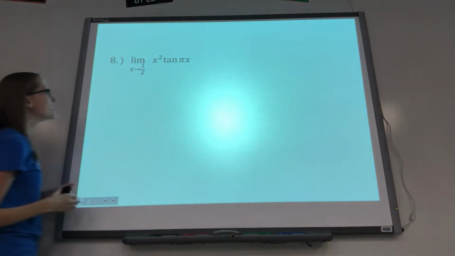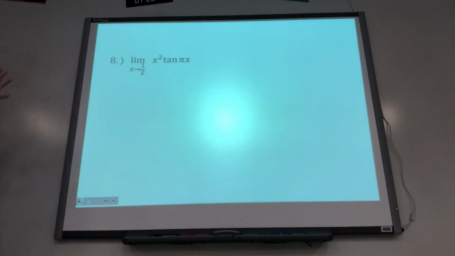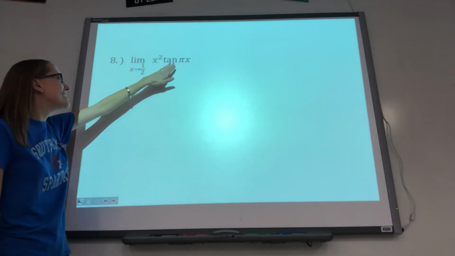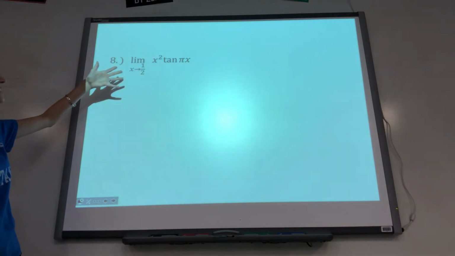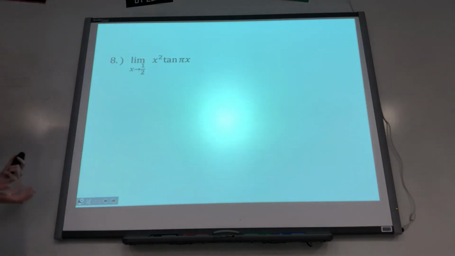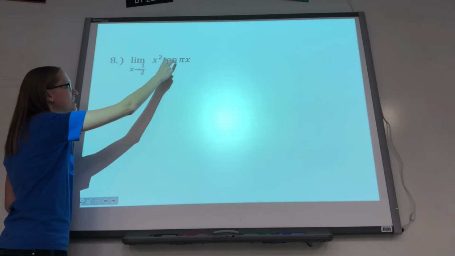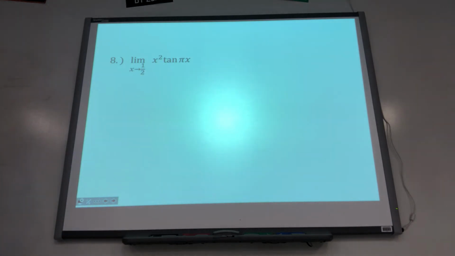Now, I really don't have a fraction here where I can break stuff apart like the last one. You know, tangent, I guess you could rewrite it as sine over cosine, but I don't think that's going to help us too much. We really only like to use identities if we're going to get something to cross out. And nothing's going to cross out here.